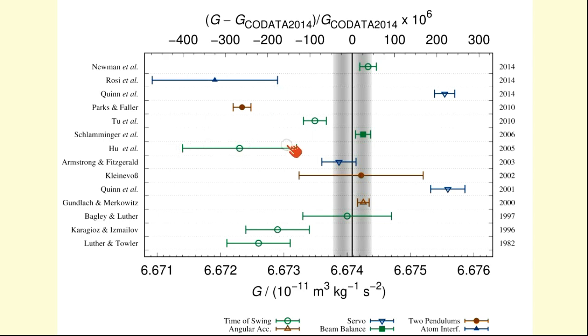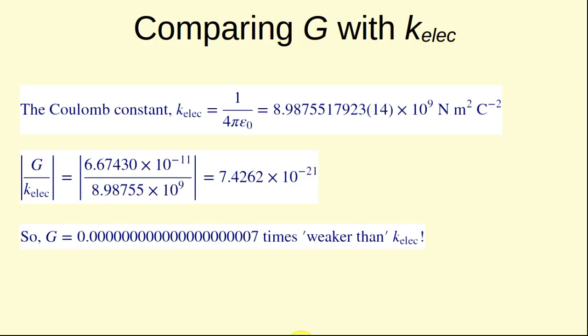So you see a range of uncertainty values, so that's a value, but it could be from there to there on that axis. So as we see, it's ranged from 6.672 here, the biggest value is there, the smallest value is here, and a range of uncertainties depending upon what type of experiment they did. So time of swing, angular acceleration, servo, beam balance, two pendulums, atomic interference. But it is a very, very small number, 10 to the minus 11.